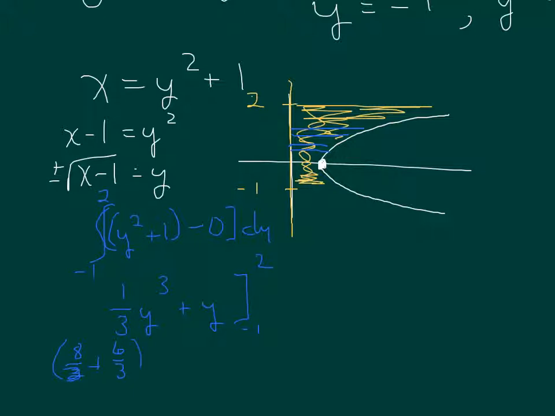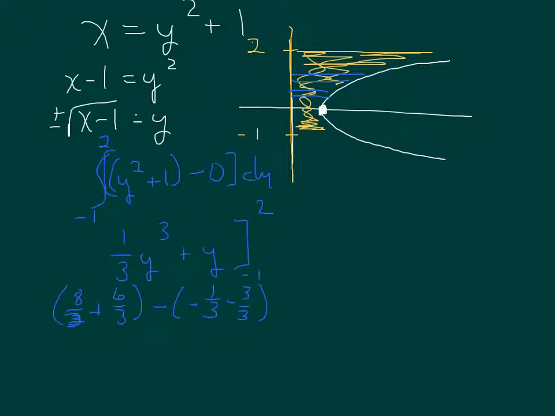Cube over square. Minus negative 1/3 minus 3/3. So we get 8/3 plus 6/3, which is 14/3, plus 4/3 is 18/3, which is 6.